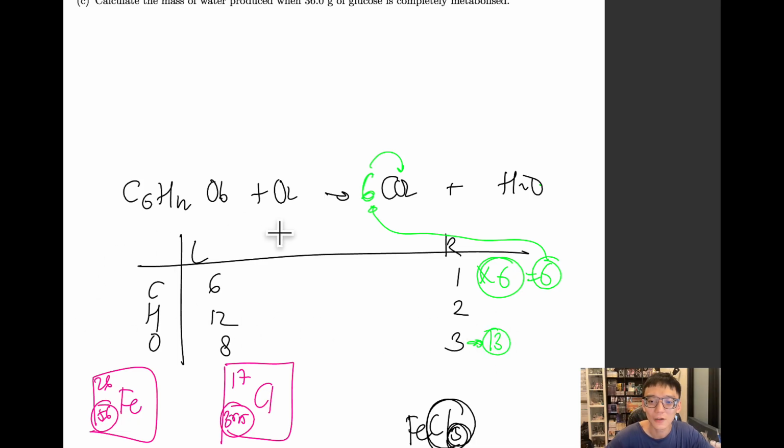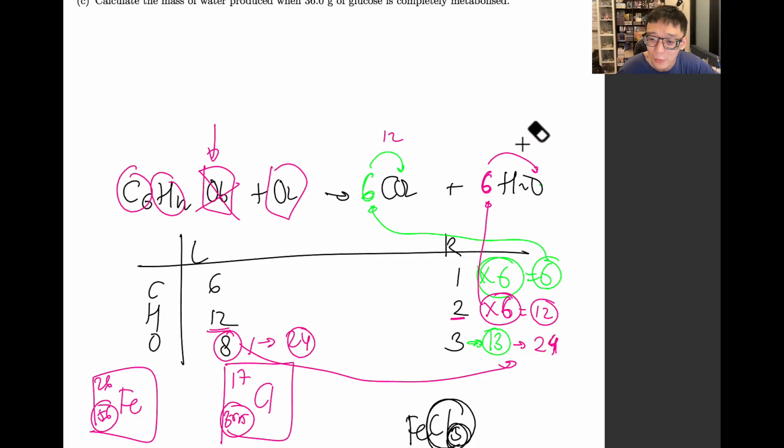For hydrogen, on the left side it's 12, on the right side it's only 2, so we multiply by 6 again, becoming 12 and 12 now. This number 12 we put here. Accordingly the oxygen now will become 12 and 12, so 24. But here it's not 12, it should be just 6, with one oxygen.